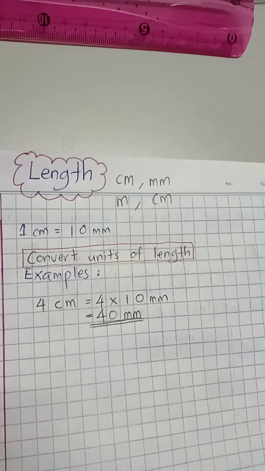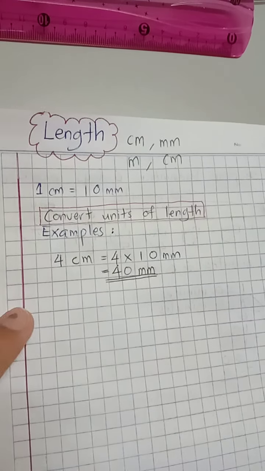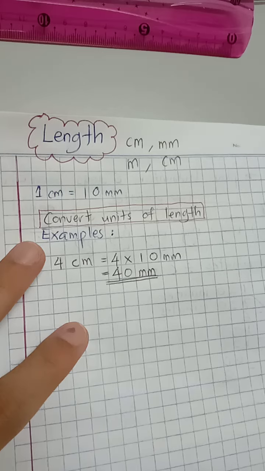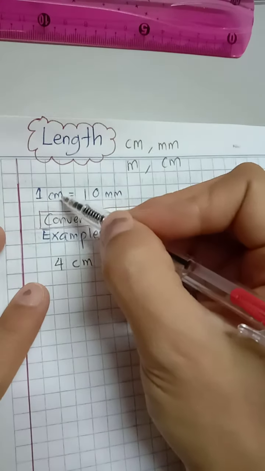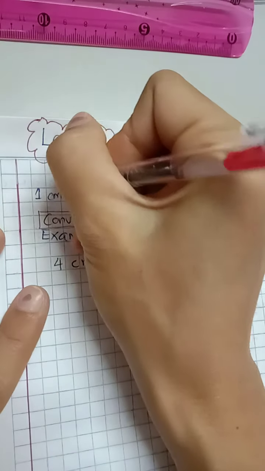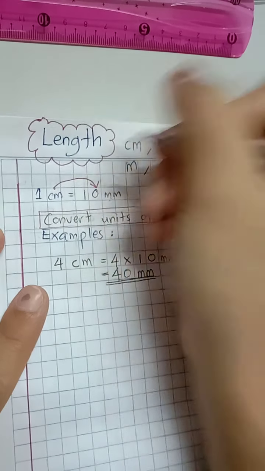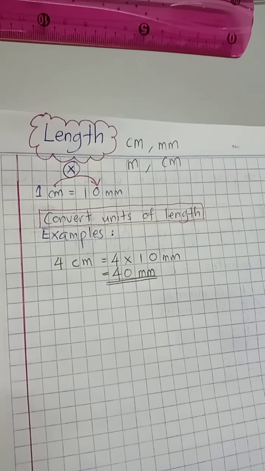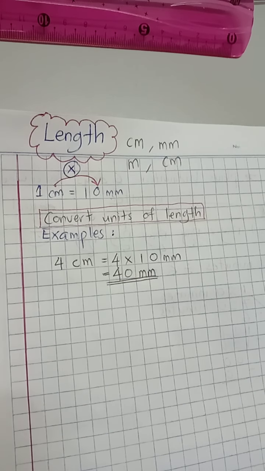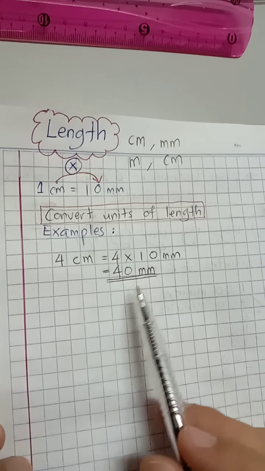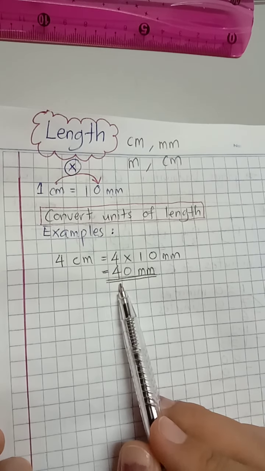There. Okay. So it means, I'm going to show you here, when it is centimeter, convert to millimeter, we are going to multiply by 10, like this, 4 times 10. So it will become 40 millimeters.